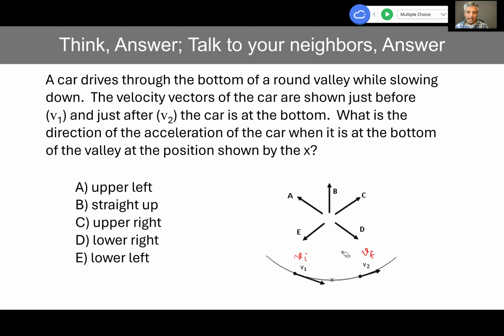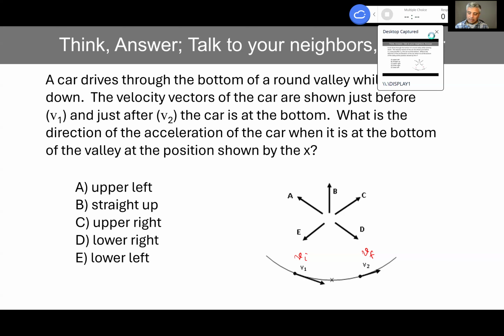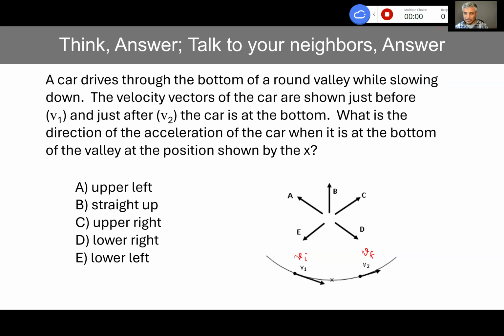Not just the direction of velocity, but also the speed is changing. The value of velocity is changing. Okay, so now what's the direction of acceleration? So that's the question I'm asking you. And the possible answers are shown here. So you want to draw using those two methods, and then choose the answer.